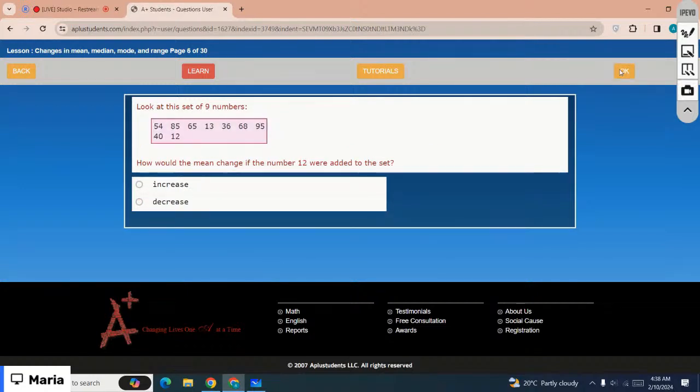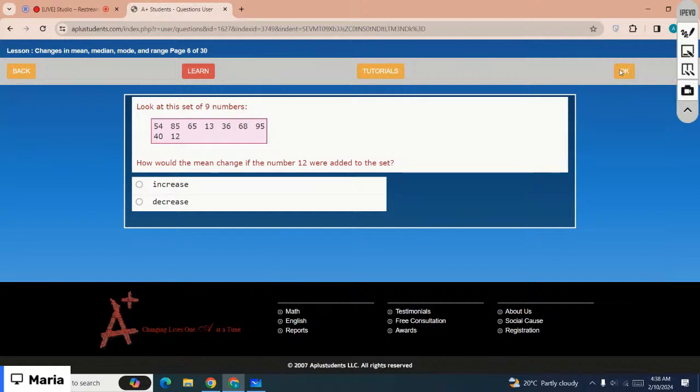Okay, the next one is, look at the set of 9 numbers. How would the mean change if the number 12 were added to the set? If you add another number, 12, then is the mean increased or decreased? Mean means you add all the numbers and divide by the number of values. The total is 468, divided by 9, that is 52, right?